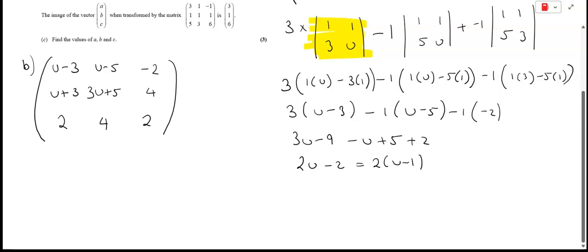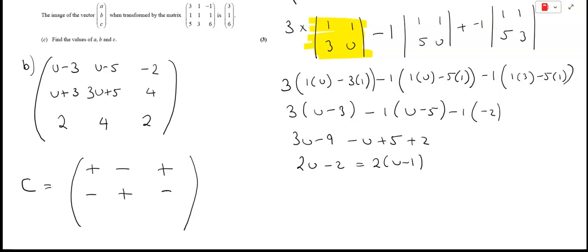Now do your matrix of cofactors, which basically says let's times every other entry by minus 1. So it's the middle entry there, the first and last entry of this row, and again the middle entry of the bottom row.